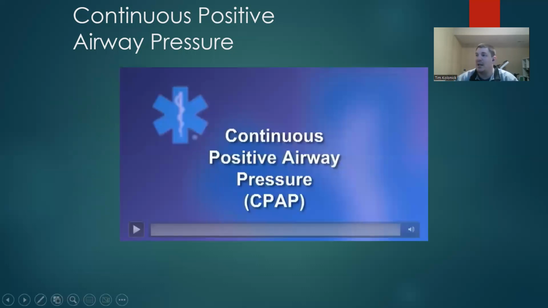So here's a version of CPAP, not necessarily the version that we have out in the field, but it is a version of CPAP out there.